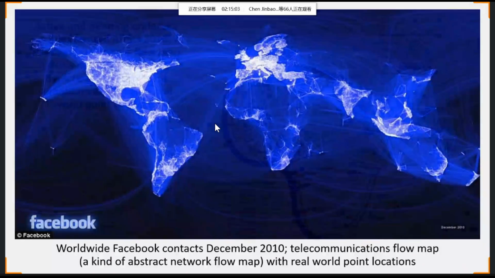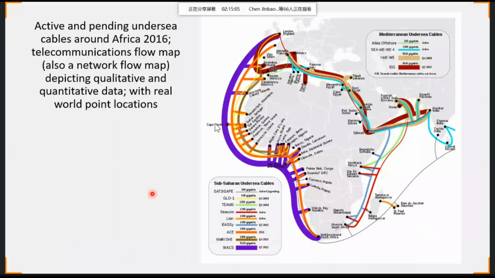Or another one, this is active and pending undersea cables around Africa. So it's also a telecommunications flow map, also a network flow map, depicting qualitative and quantitative data with real-world point location.